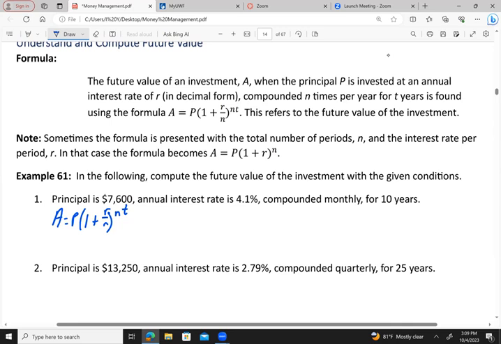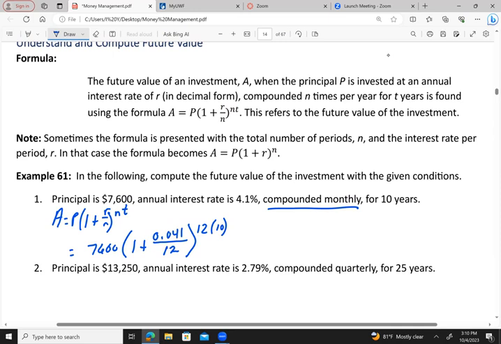So we're looking for A. We know our principal is $7,600. Bring down this 1. We know our interest rate is 0.041, 4.1% in decimal form. It's compounded monthly, so there's 12 months in a year. And then again, there's 12 months in a year, and it's for 10 years.